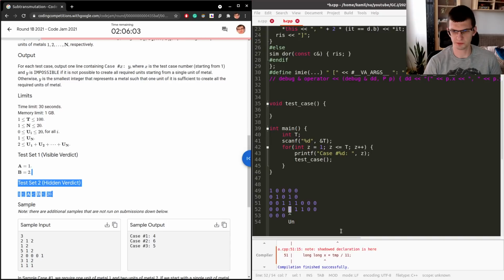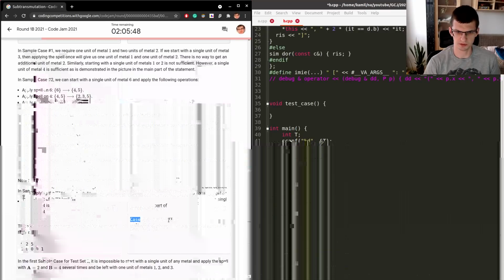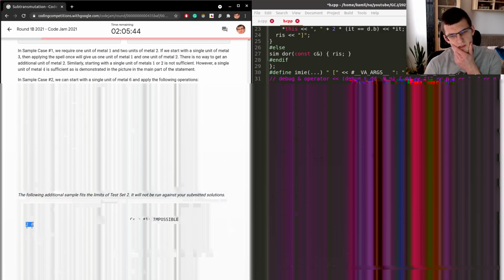I don't know what's the complexity of this program. Like what if A is 20 and B is 18? Can this be impossible? Yes, it can be impossible. That depends on GCD of A and B. Okay, let's try that.